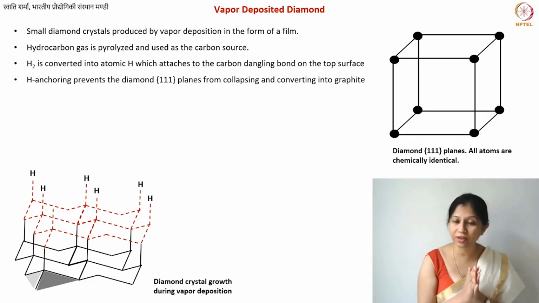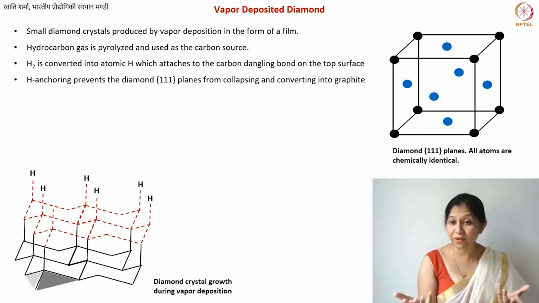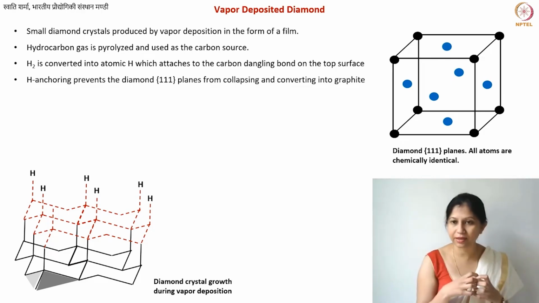Here I have just shown a simple cube. Now on this cube, in the case of FCC, all faces have one central atom, right? I have shown these atoms with a different color, but they are all chemically equivalent; this is just for convenience of description. So you have these 6 atoms on all 6 faces of your cube, and now you have an FCC structure.